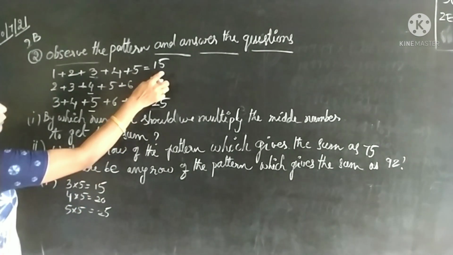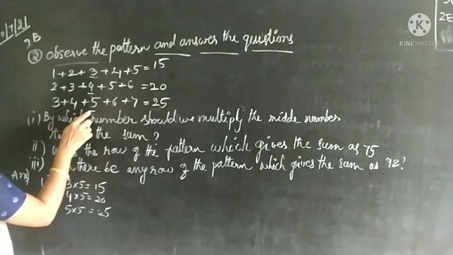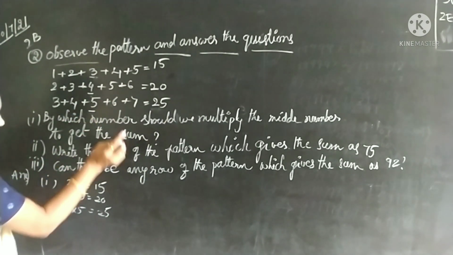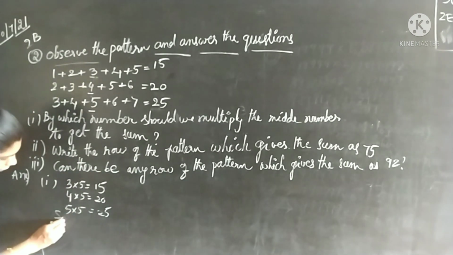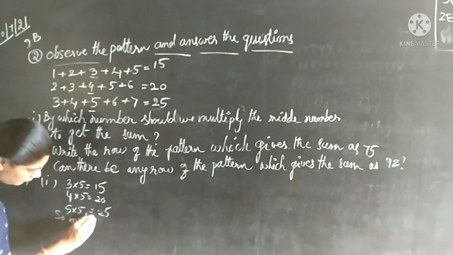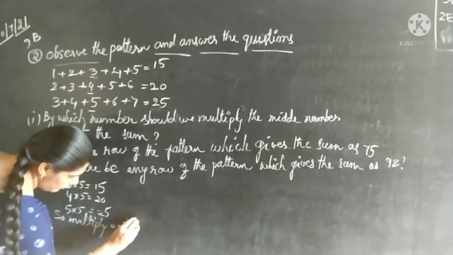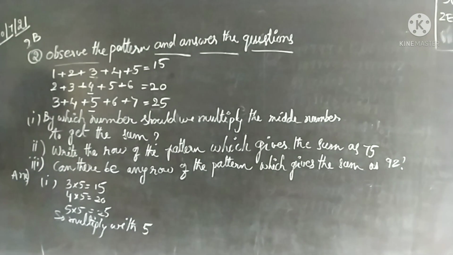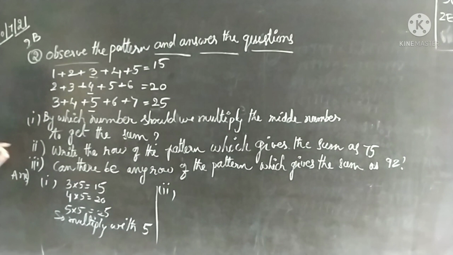Each and every time, to get the result, that is the sum, with which number do you have to multiply the middle number? You have to multiply with 5. So multiply with 5.